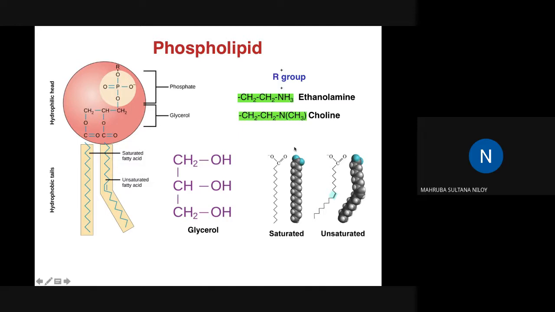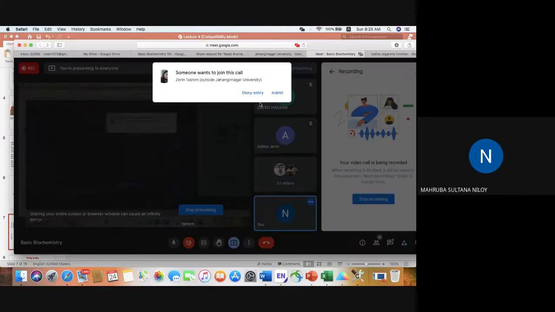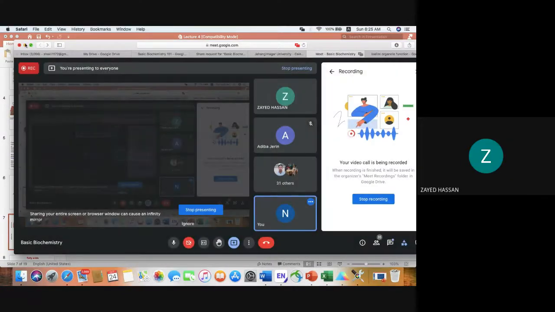And from the figure we can see that saturated fatty acids are straight, right? Yes, sir. And unsaturated, when there is a double bond, the structure is a bit curved. Is it clear? Yes, sir.